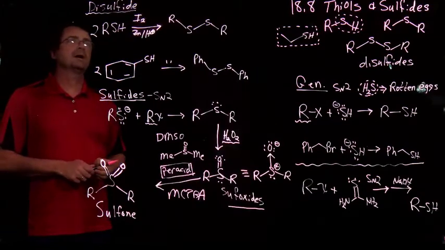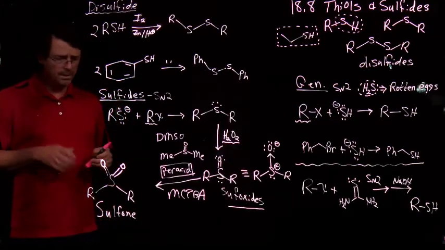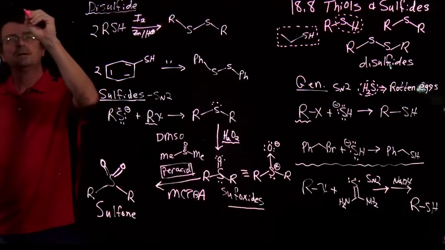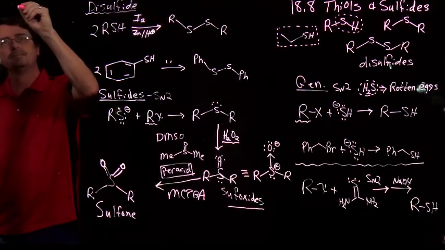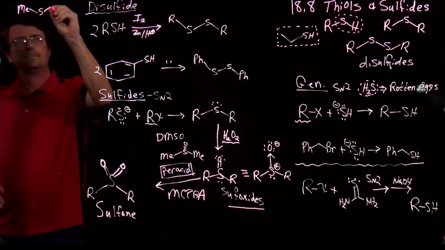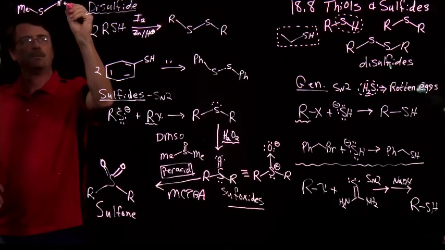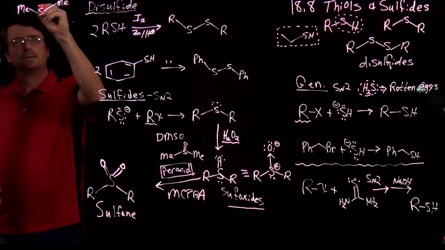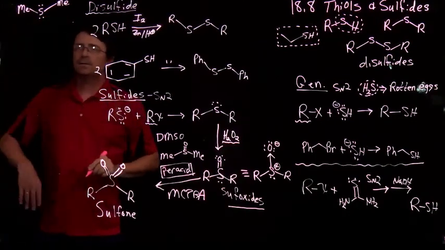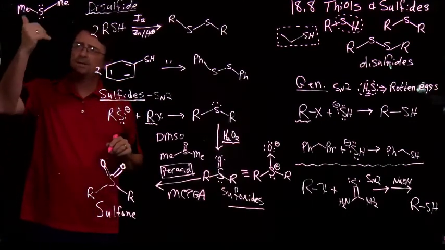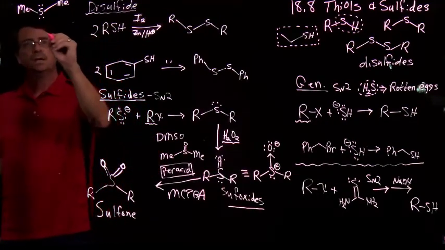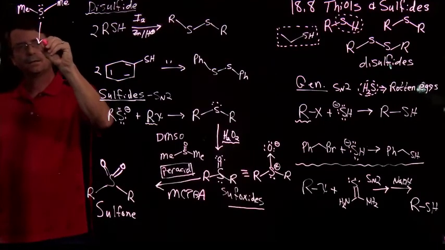Okay, so that's oxidation. One last reaction of these. These lone pairs on sulfur, sulfur because it's more polarizable and because it's larger is much more nucleophilic than oxygen, and so this will readily alkylate.